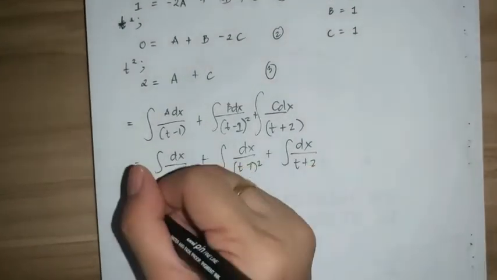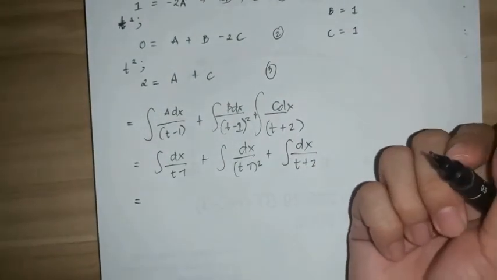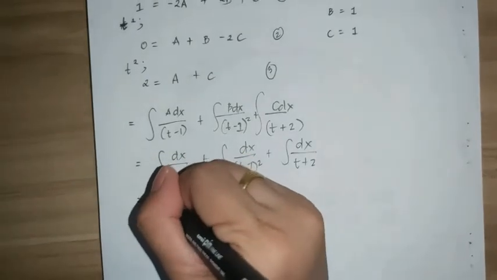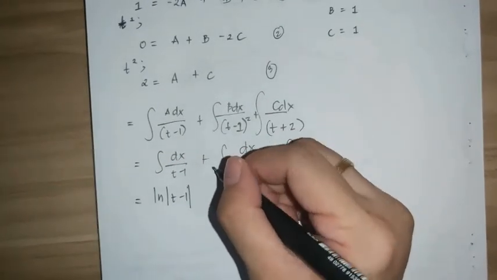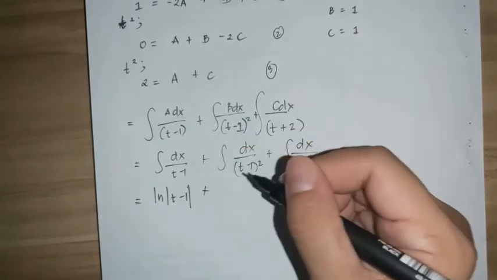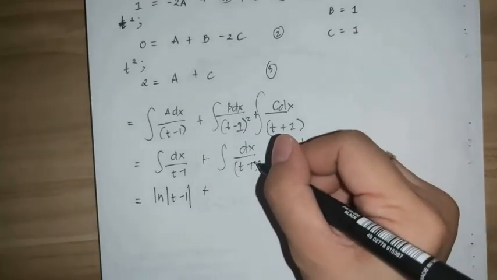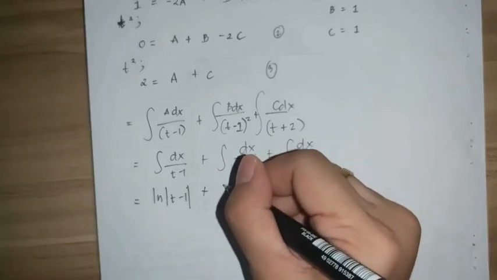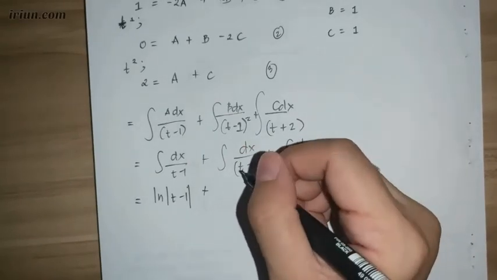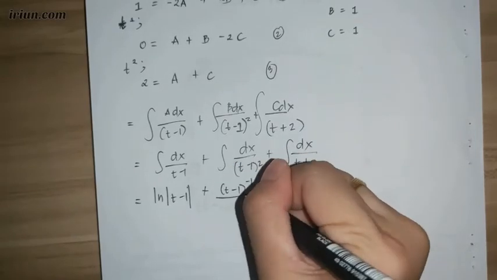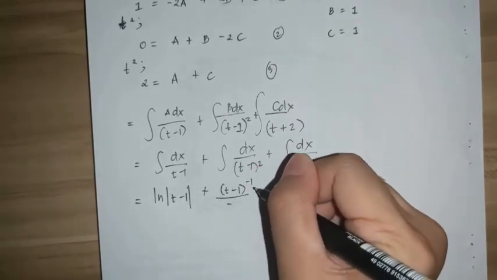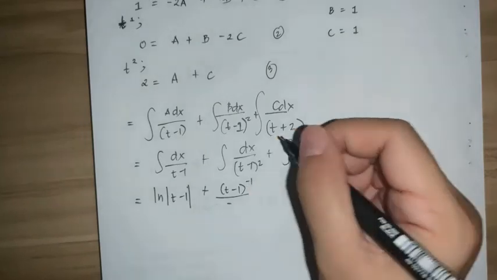So now we could apply our basic integration formula. This is ln of t minus 1, plus, this one is negative, t minus 1 raised to negative 1 all over negative 2 minus 1, sorry.